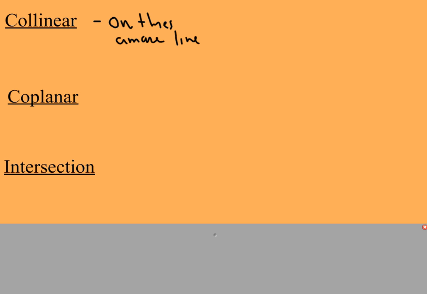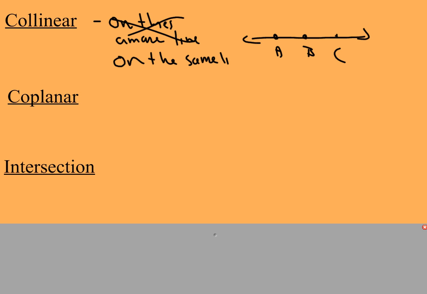So collinear: A, B, and C are all collinear. They are on the same line. Coplanar simply means on the same plane.